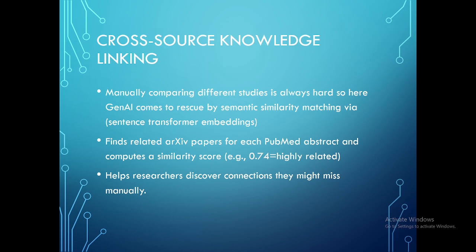GenAI gives semantic similarity matching via sentence transformer embeddings. Then it finds related arXiv papers for each PubMed abstract and computes a similarity score, which is 0.74, which is highly related. It helps researchers discover connections they might miss manually.